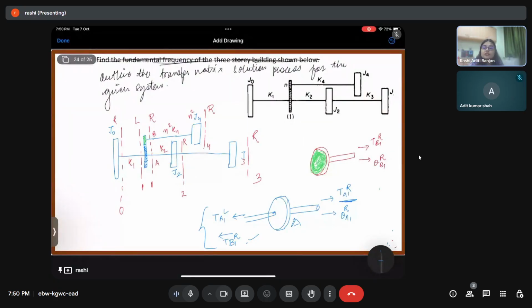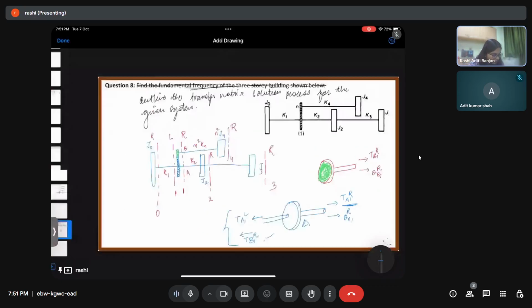So what we can do is relate the right hand side of B to the right hand side of 4. How? By using that equation. You can use those equations to write the equation for the right hand side of 1 to the right hand side of 2 also, right? But since B is connected to 4, we'll write the transfer matrix for that.